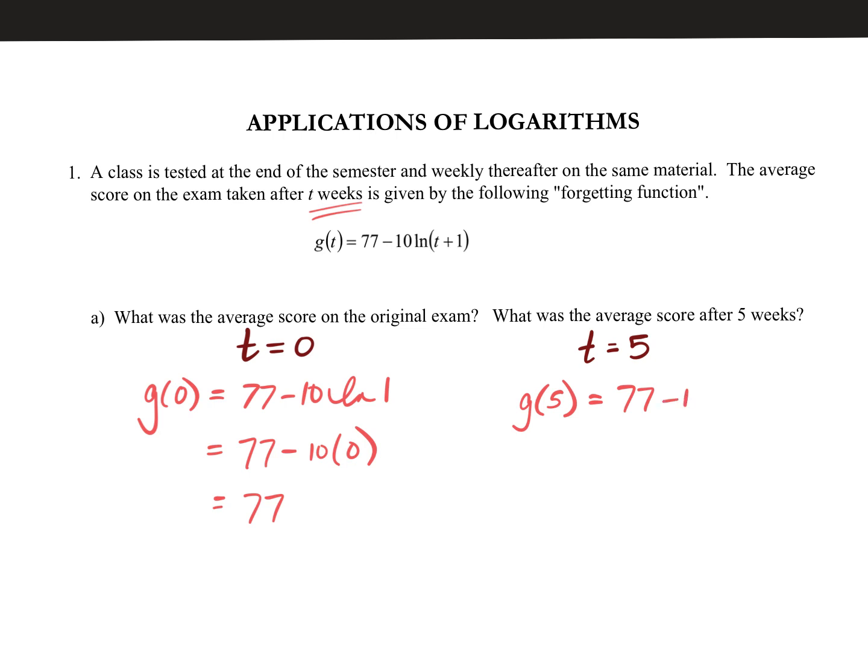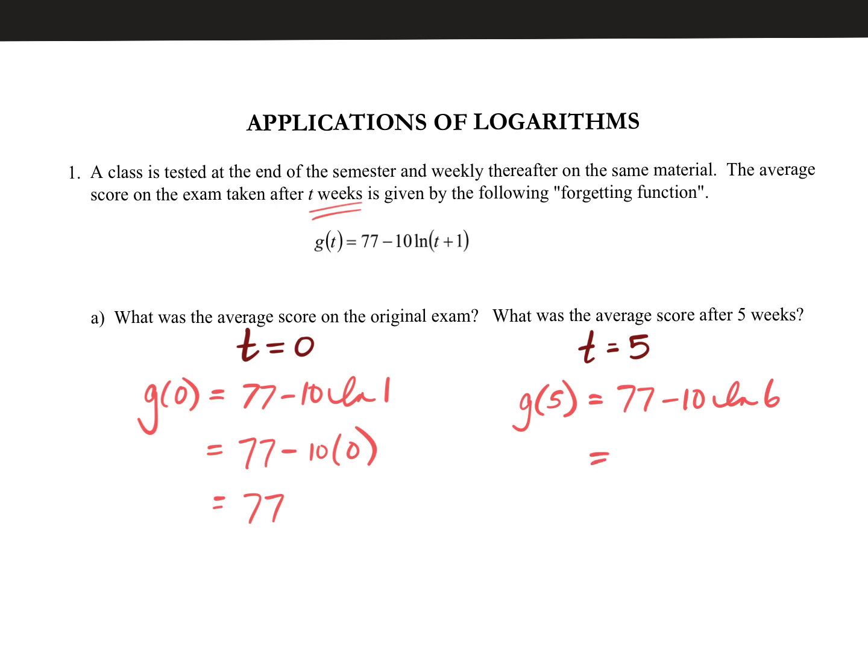Now, this does become a case where you are going to end up pushing buttons. Ln 6 is not going to be something nice and neat. So we're going to go ahead and calculate that. I am hoping that we're just following BEDMAS, especially if we have a backwards calculator. But we should be calculating the ln of that 6, multiplying it by a negative 10, and then adding to that our 77.